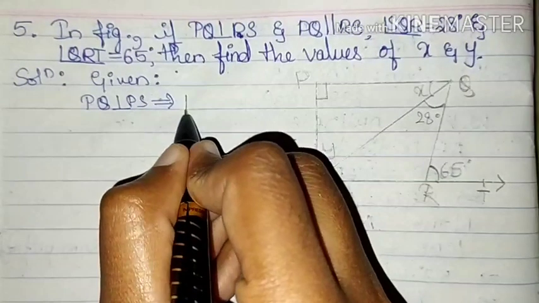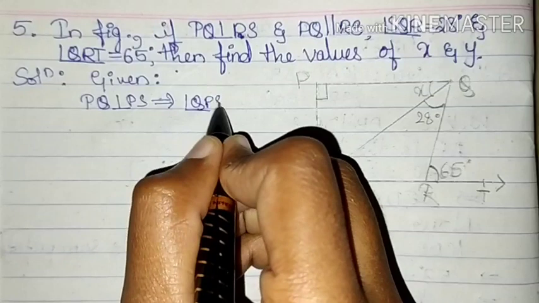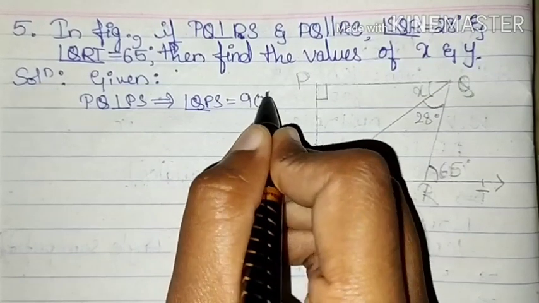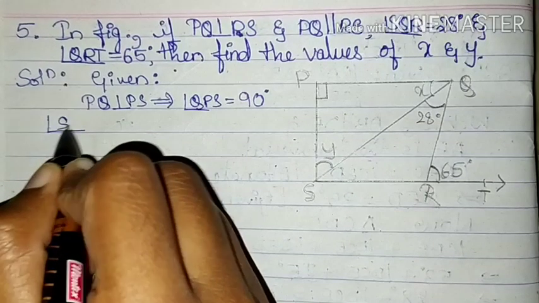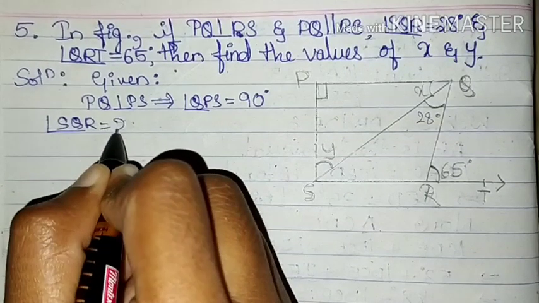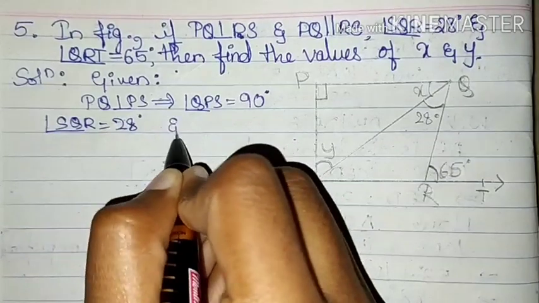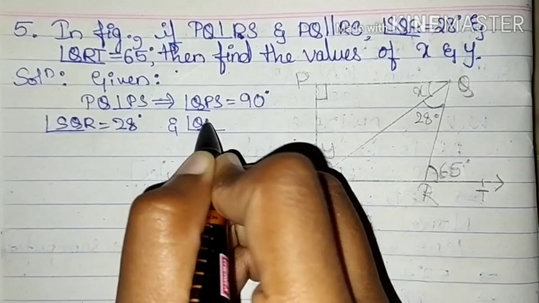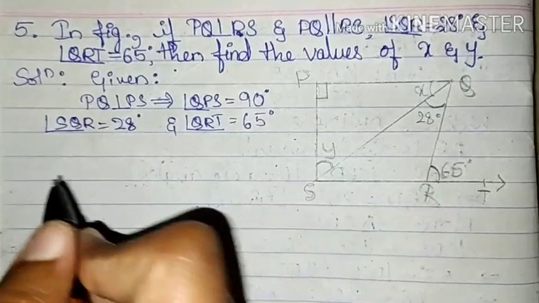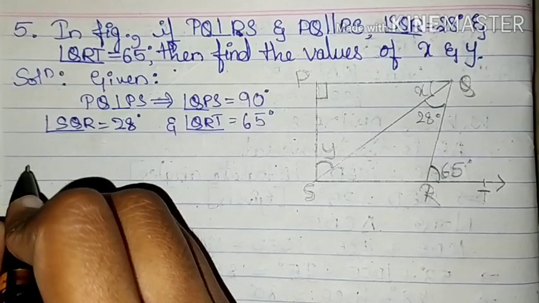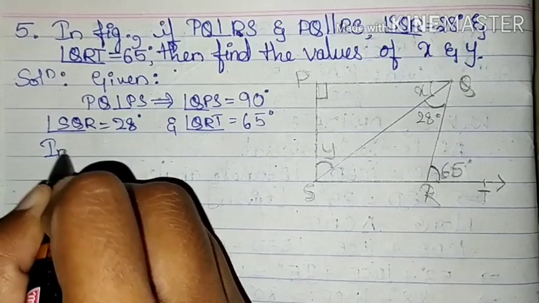So angle QPS is equal to 90 degrees. Now also they have told us angle SQR is equal to 28 degrees and angle QRT is equal to 65 degrees.